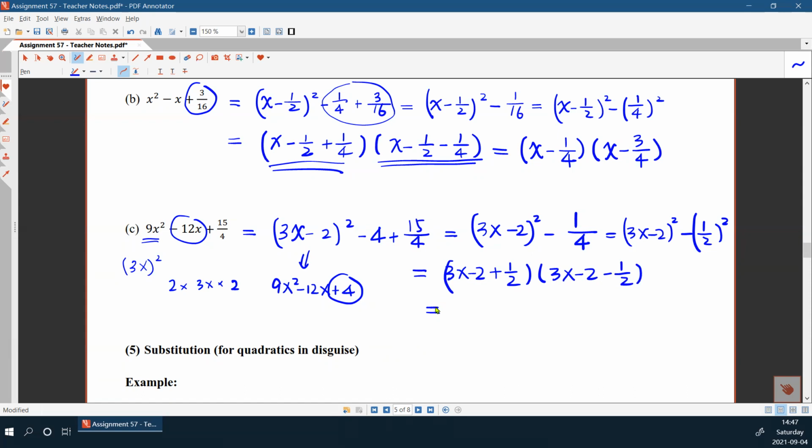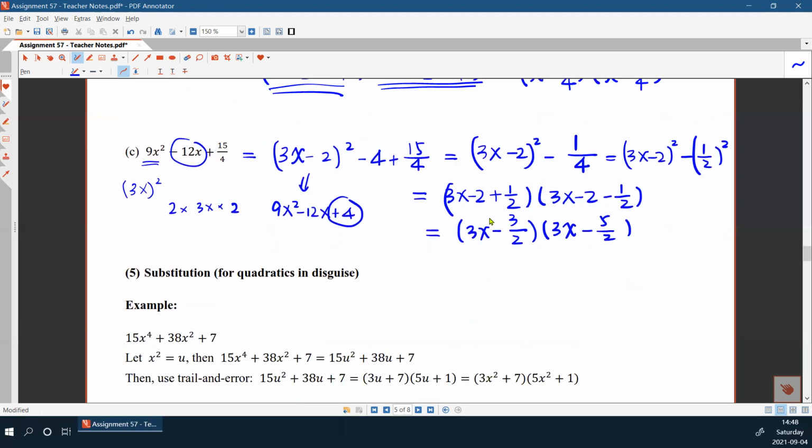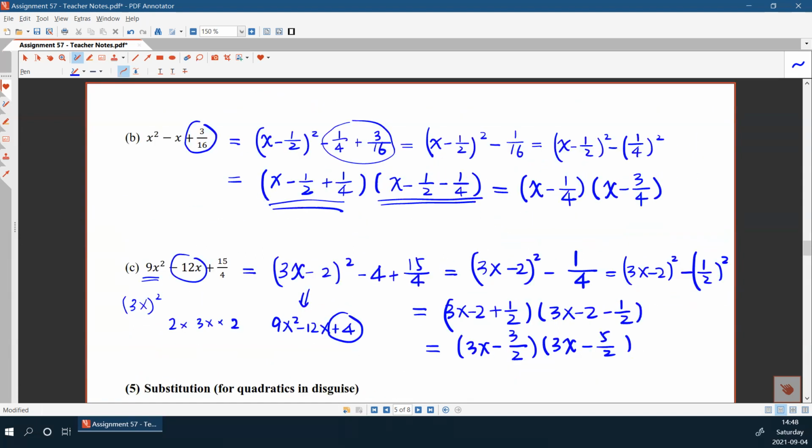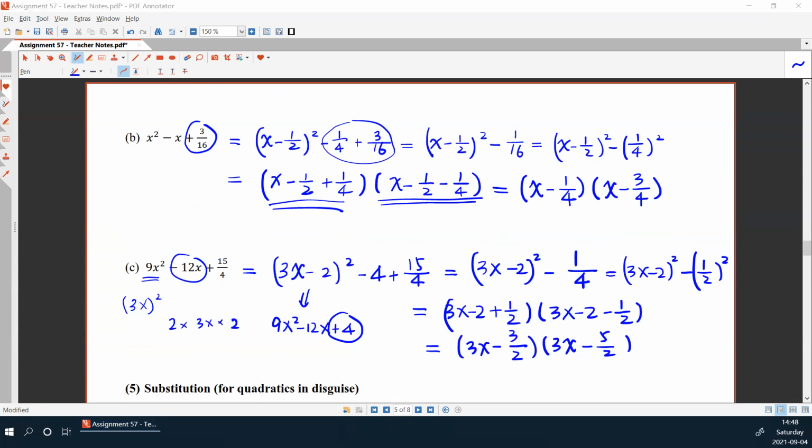Again, remember to simplify your result. First factor can be simplified to 3x minus 2 over 3. Next factor can be simplified to 3x minus 5 over 2, right? This should be your final result. Okay, all right. Please have a look at these solutions. Any questions?